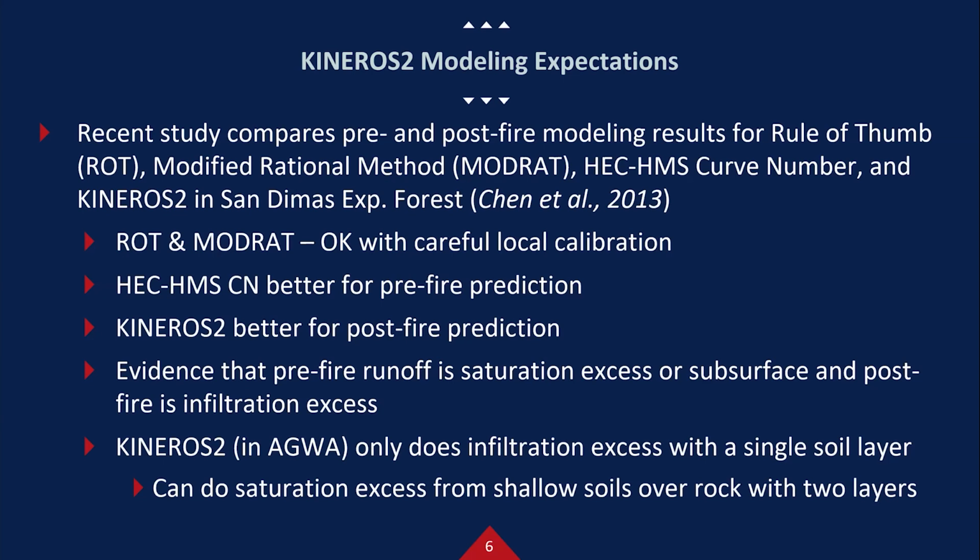The modified rational method, the HEC-HMS model with curve numbers, and KINEROS2 in the San Dimas Experimental Watershed. That publication is Chen et al. 2013, and I'm pretty sure that's on our website as well. The results are summarized here: both the rule of thumb and the modified rational method were okay with careful local calibration.